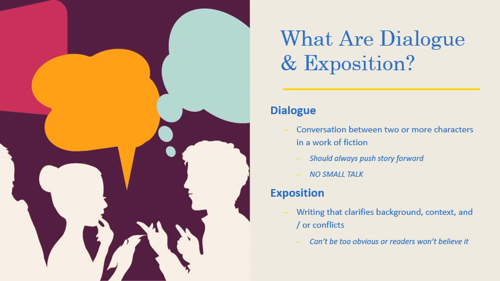So these aren't normal conversations that people would have. So you have to find ways in which you can have your characters talk about these things without just feeling like the characters are dumping a whole bunch of exposition on you. And that can be tricky, which is why we're going to look at an example in just a second.